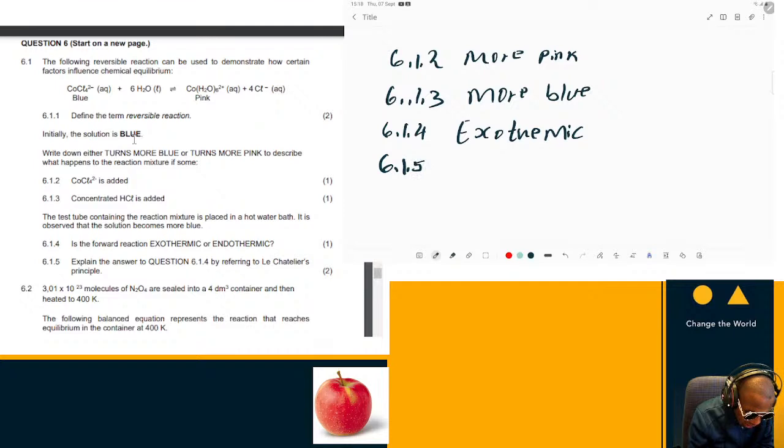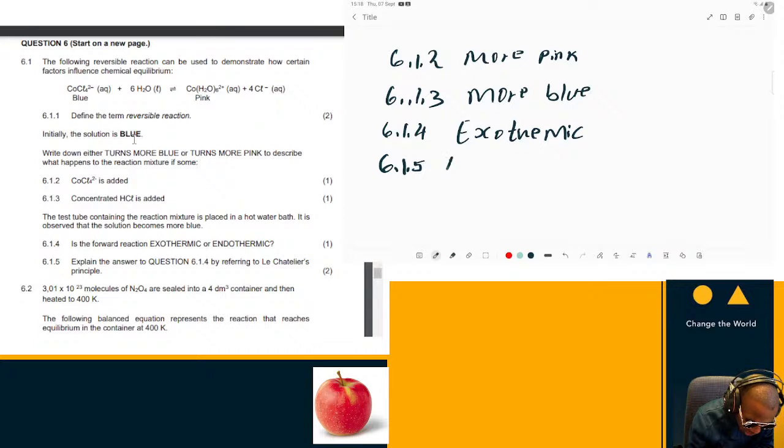Now we're going to tell them why we said that. It's because we increase the temperature. The increase of the temperature is favoring the endothermic reaction, which is the reverse reaction.